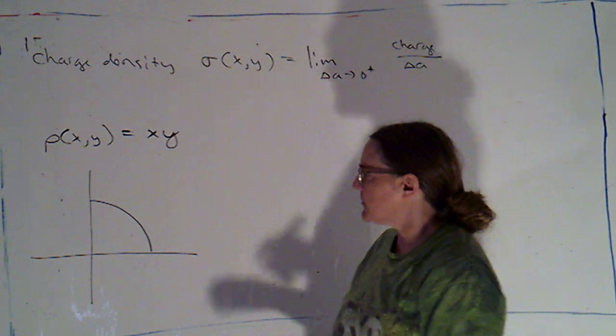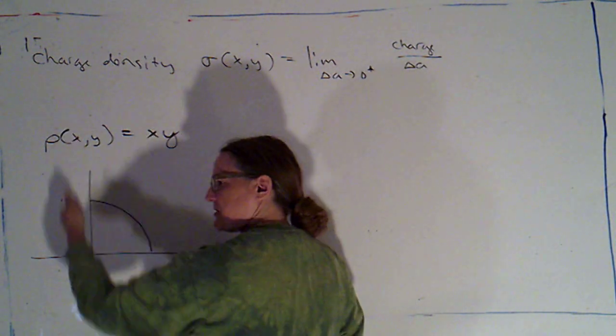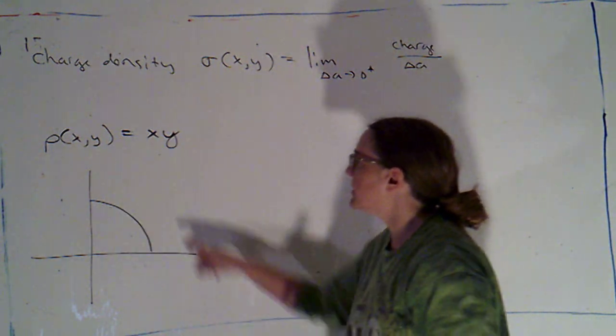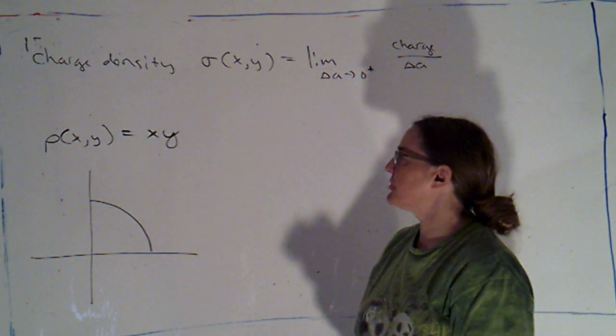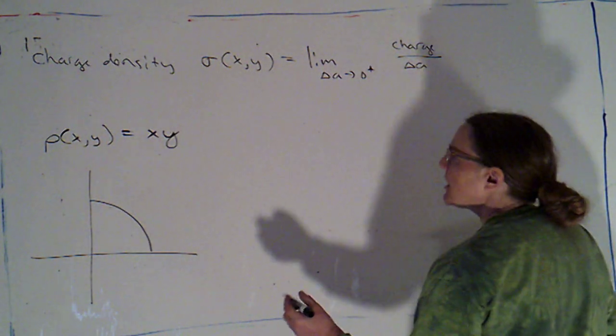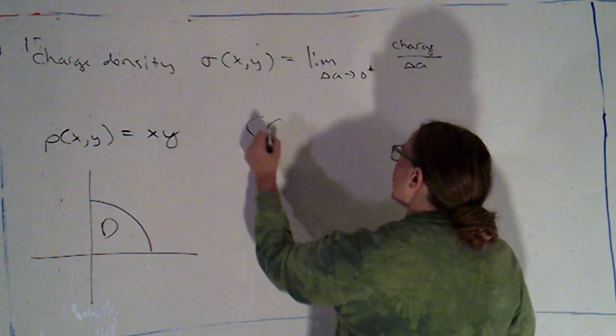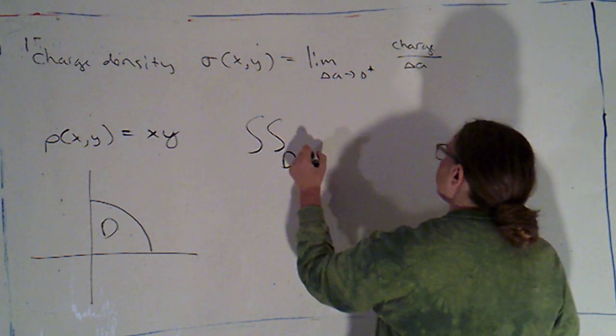So this would be bounded by the x-axis, the y-axis, and the unit circle. And we're talking about that region having this density function. I'm going to call that region D.